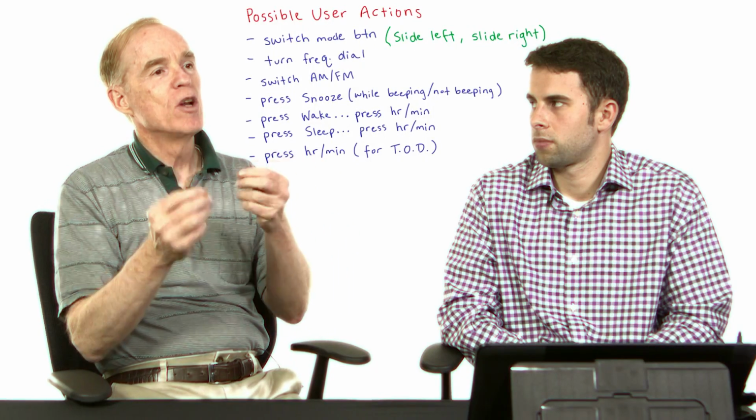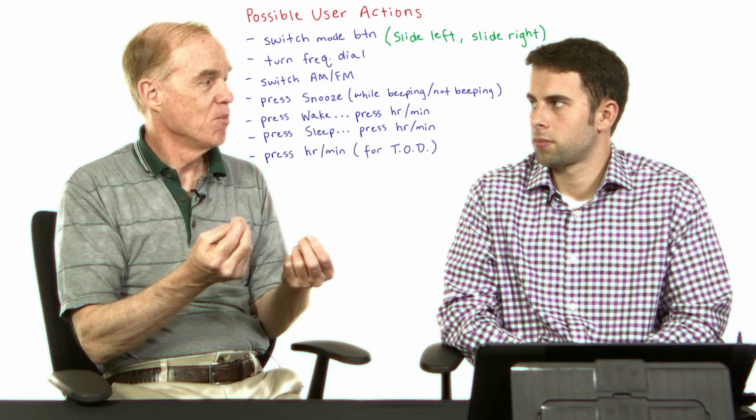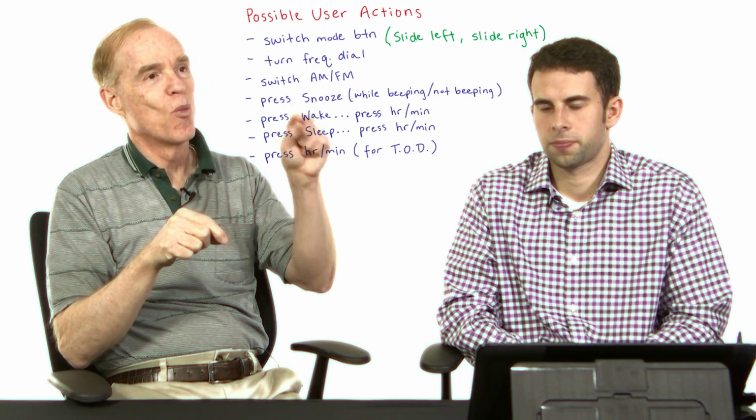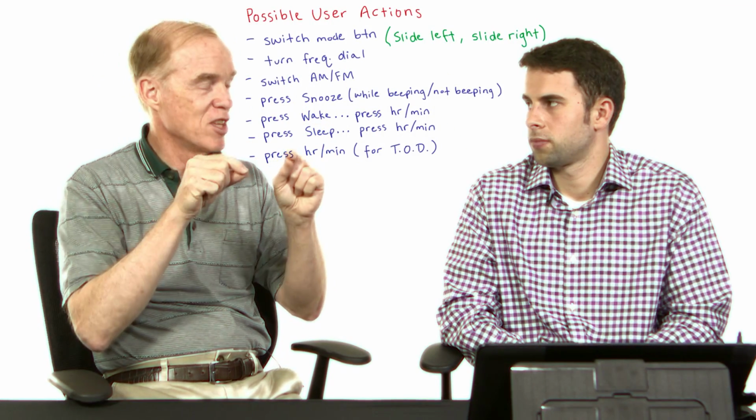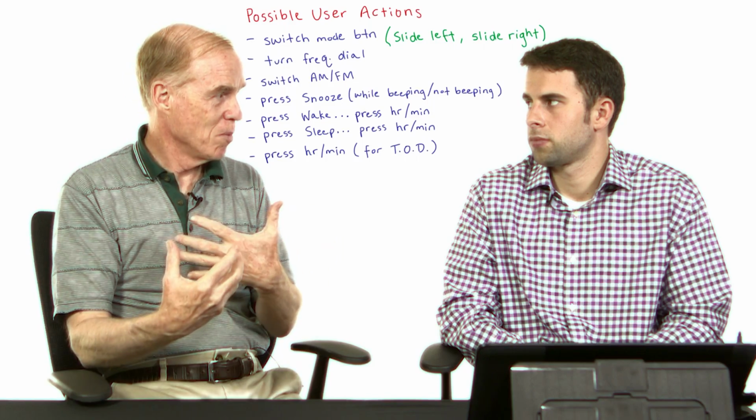The order in which those happen is very important. If you press the hour button first, it's going to change the time of day. Right. Okay, if you press the wake button first, then press the hour button, it's going to change when you wake up. So it's important that the state chart that we end up with reflects that difference, because the user intends them to be used differently.